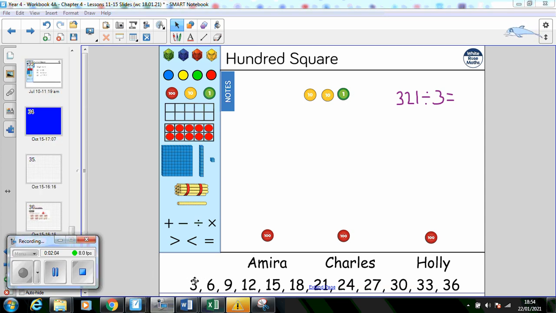In case you weren't sure, you can write down your 3 times table. And we can see that 21 is in the 3 times table. It is 1, 2, 3, 4, 5, 6, 7 lots of 3. So we need to rename these tens.